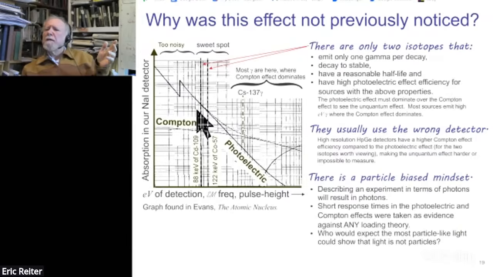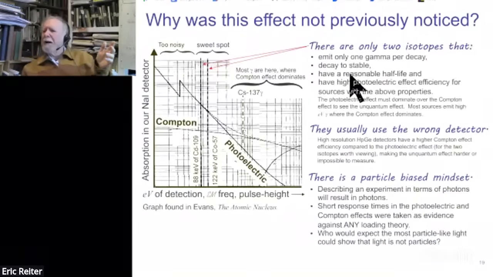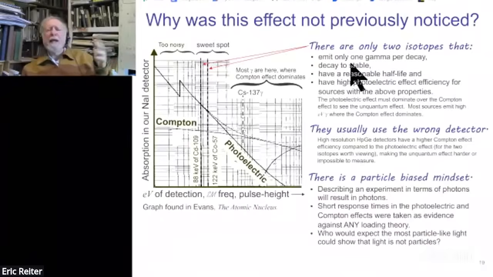And so there are only a few isotopes that are here that have any reasonable half-life, that only decay once and don't decay to something else to get in the way, and emit only one gamma ray at a time. This is why it hadn't been done before. There are only a few to work with up here for this detector.